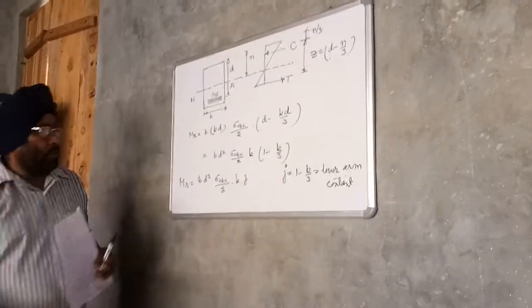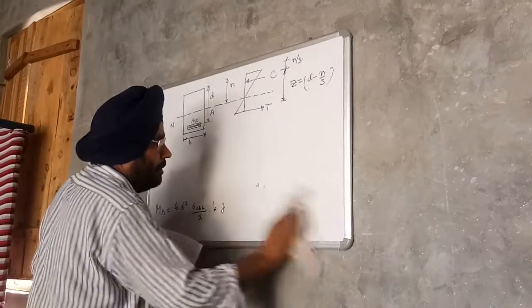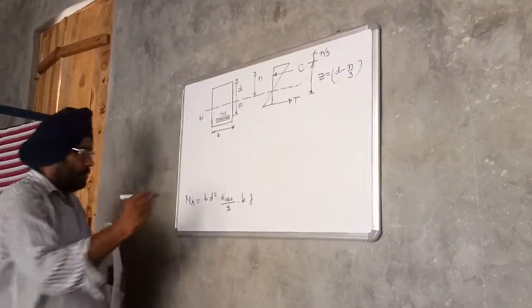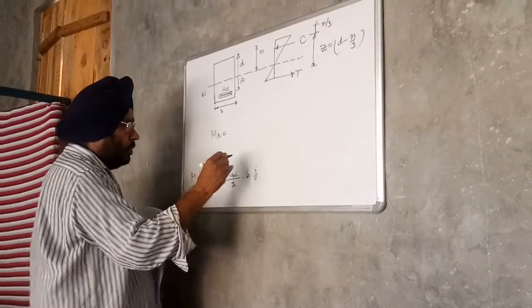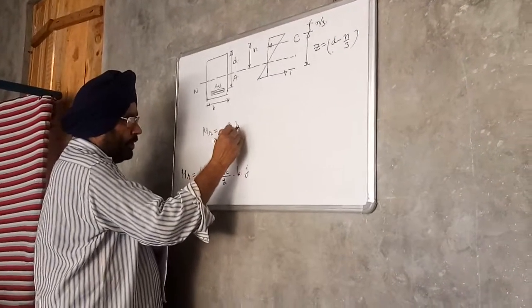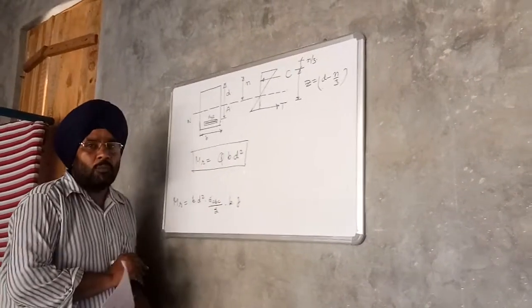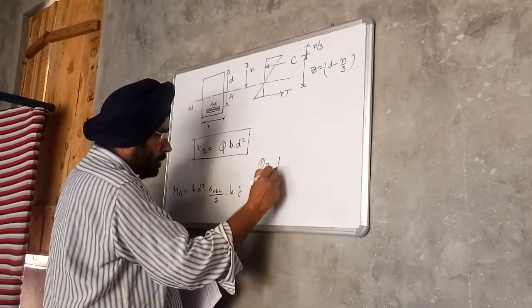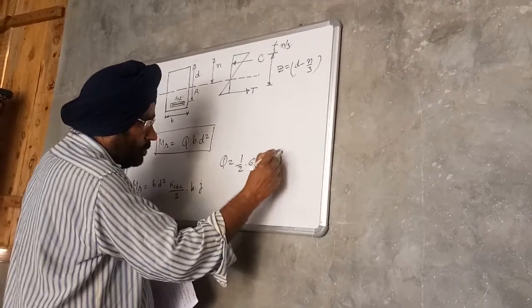So moment of resistance is equal to Q b d square. This is the equation for the moment of resistance, where Q is equal to sigma cbc into k into j.